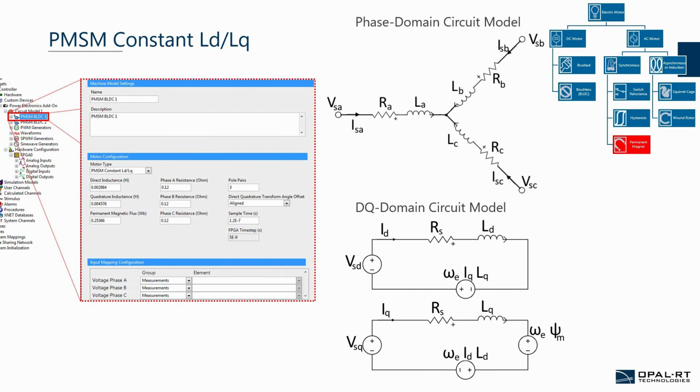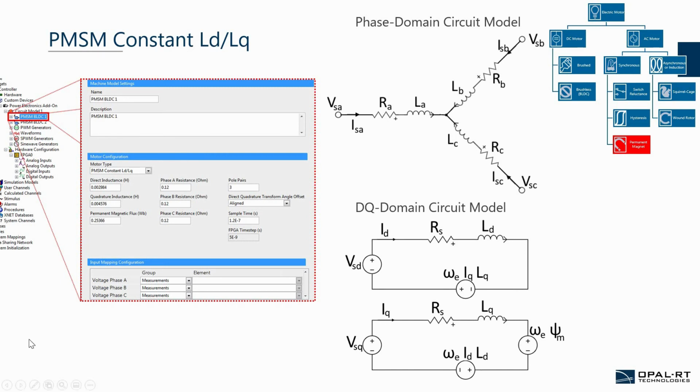It looks at voltages and currents that are in phase with the machine, which is represented here in the D portion of the circuit, as well as it looks at currents and voltages that are outside or out of phase with the machine's angle, which is represented down here at the Q portion of the circuit. Many control designers like to think in the DQ reference frame because it provides a simpler way to control torque.